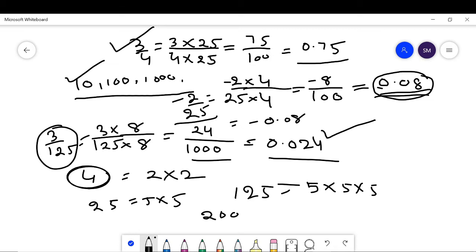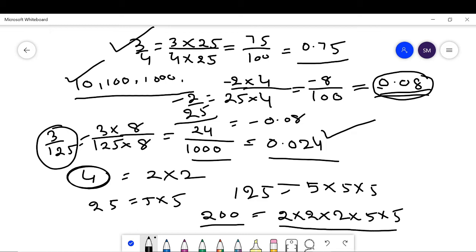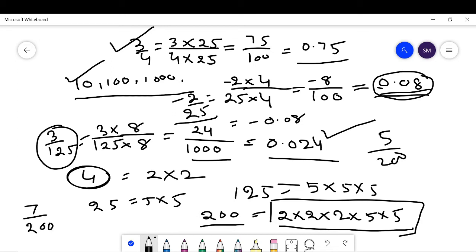Suppose 200. If we prime factorize 200, we get 2 into 2 into 2 into 5 into 5. These are only 2 and 5. Then 5 upon 200, or 7 upon 200, can give us a terminating decimal number. Other than 2 and 5, factors do not give a terminating decimal number.